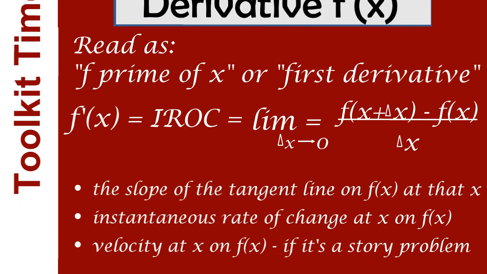Or if you're talking about an application problem, then it would be the velocity at x. So think about it: it could be the slope of the tangent line, or it could be the instantaneous rate of change. Or if you're looking at a word problem, the derivative will allow you to get the velocity equation at any time. Please pause me at this point, copy this into your toolkit, and let's get back again when you're done.